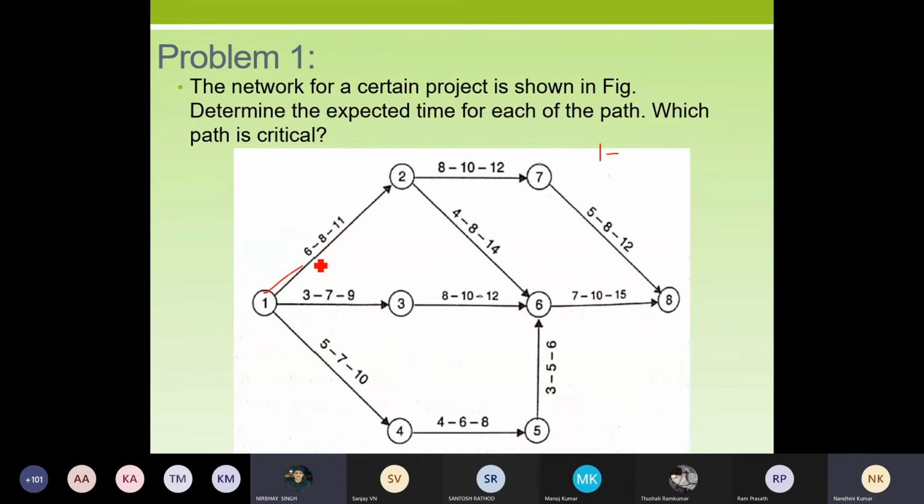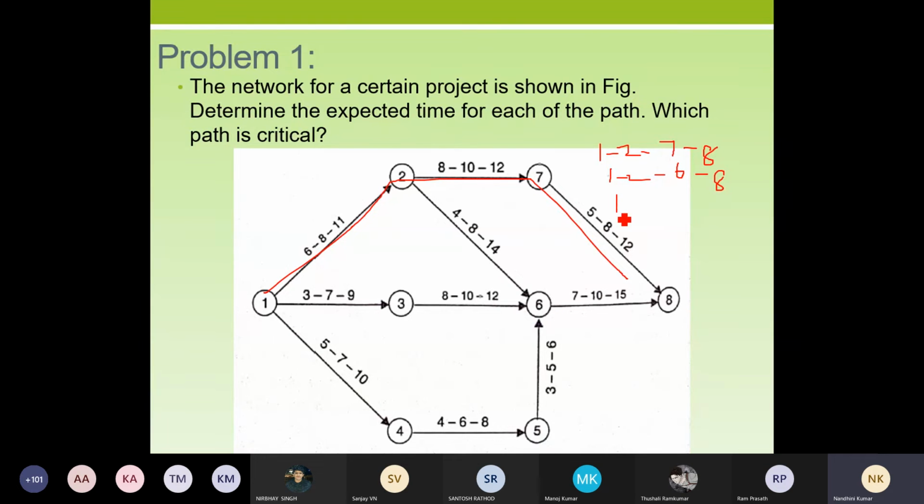Ma'am, 4 paths are there. Yes, 4 paths are there. The first is 1, 2, 7 and 8. That is my first path. My second path is 1, 2, 6, 8. My third path is 1, 3, 6, 8.